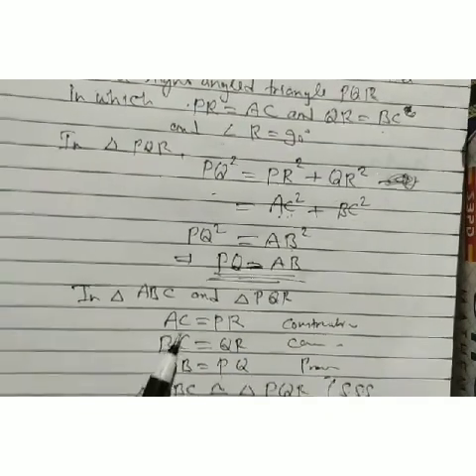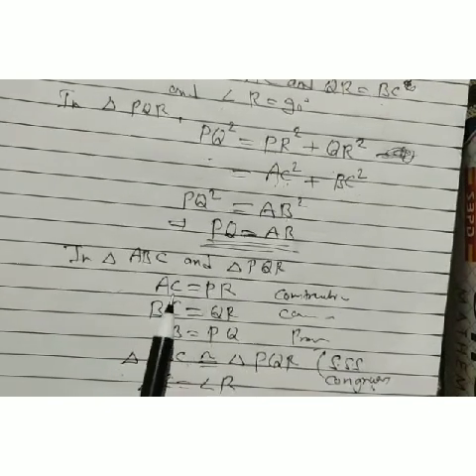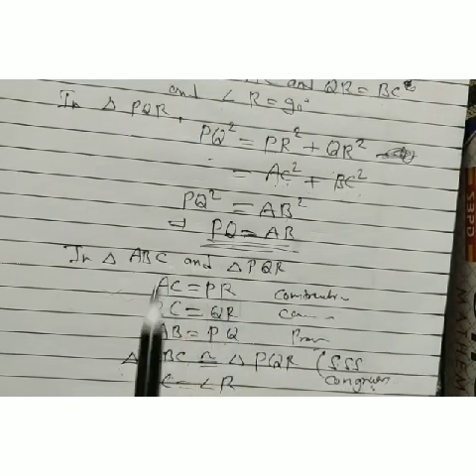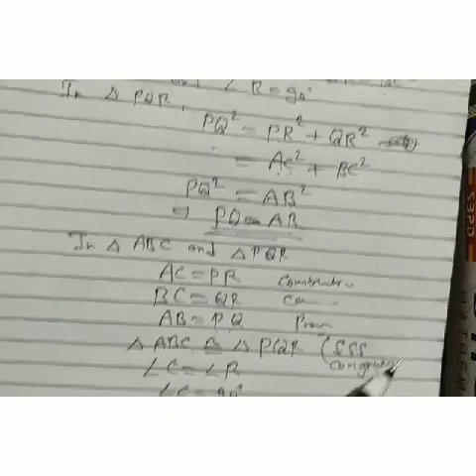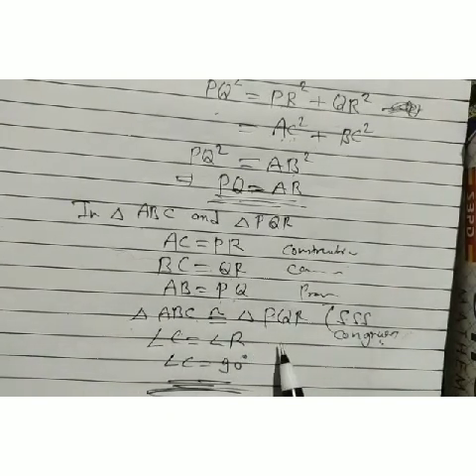Then we consider triangle ABC and triangle PQR. We see that AC equals PR and BC equals QR by construction, and we have proved that AB equals PQ. Then by the side congruency criteria, our triangles are congruent. When triangles are congruent, corresponding angles are equal.